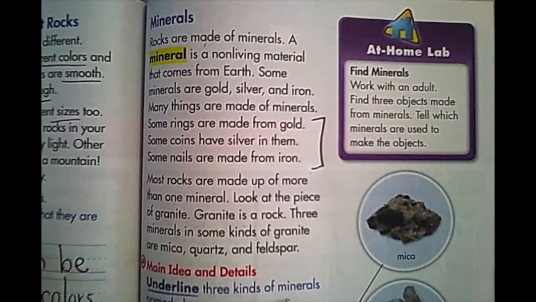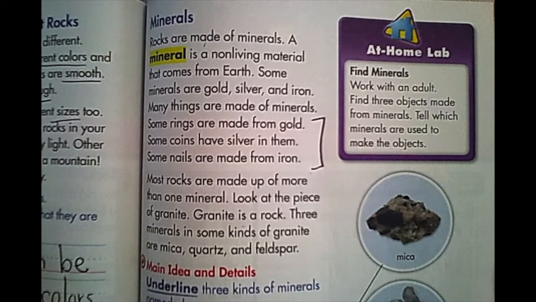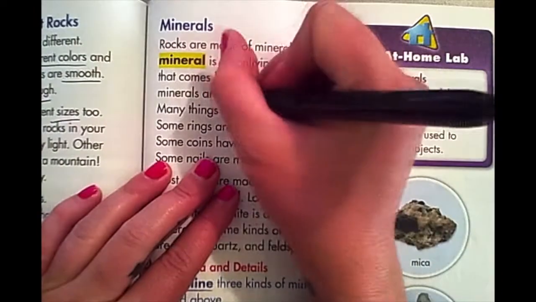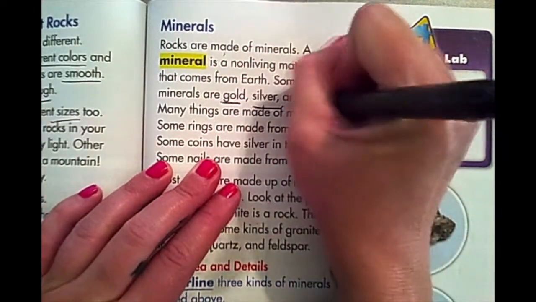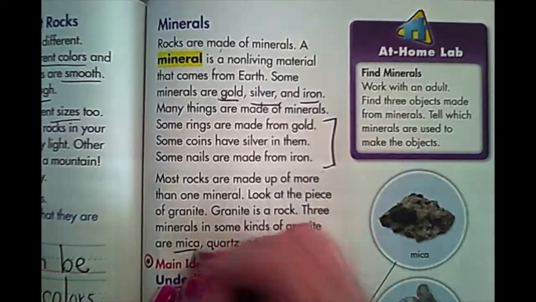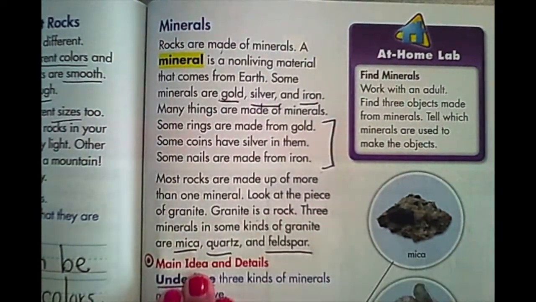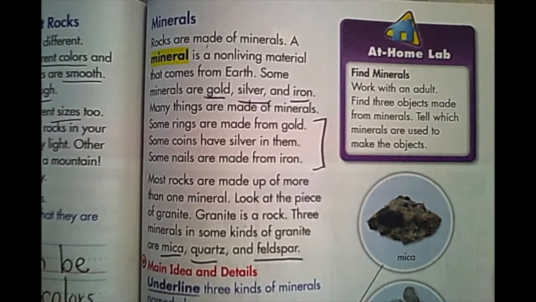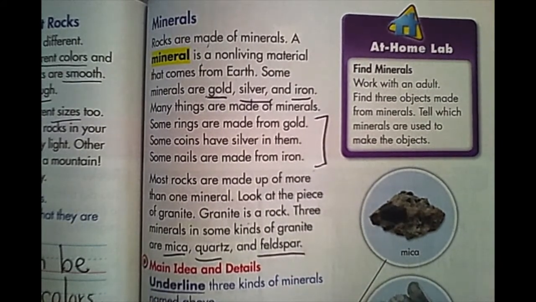Under here it says underline 3 kinds of minerals. Above, let's look in the very first paragraph. Some minerals are gold, silver, iron. Also in the second paragraph, there's mica, quartz, and feldspar. Okay. All right, so that is the end of our lesson.